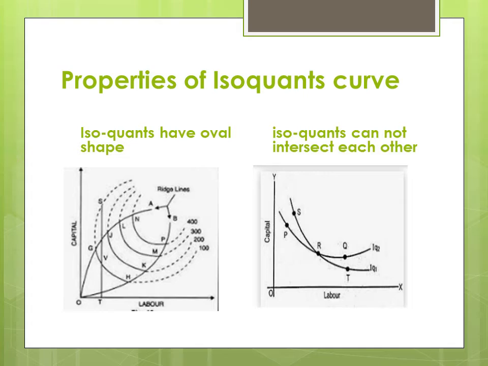And isoquants cannot intersect each other. You can see that in the second diagram, both isoquants intersect each other. If they intersect each other, we can say that the result will be inconsistent. So isoquants cannot intersect with each other.